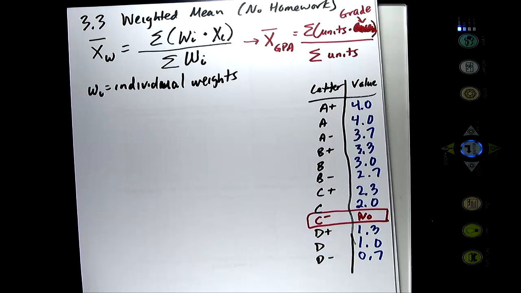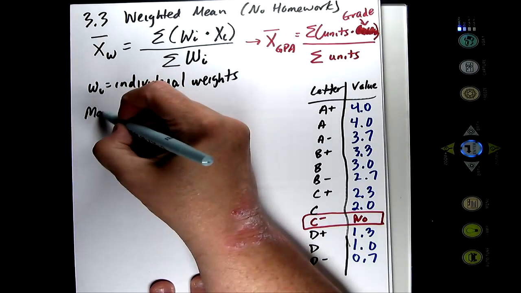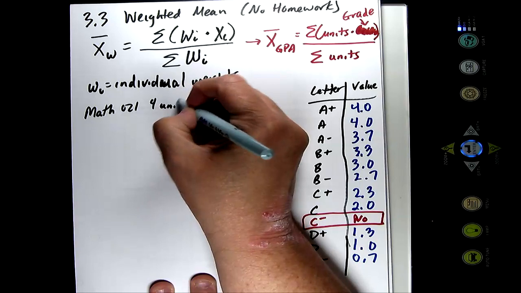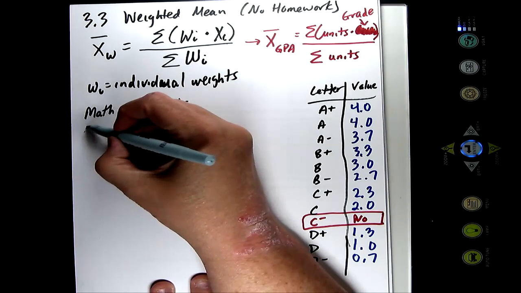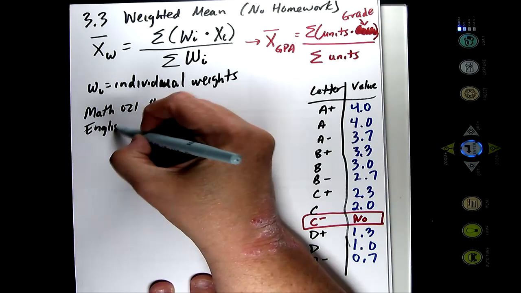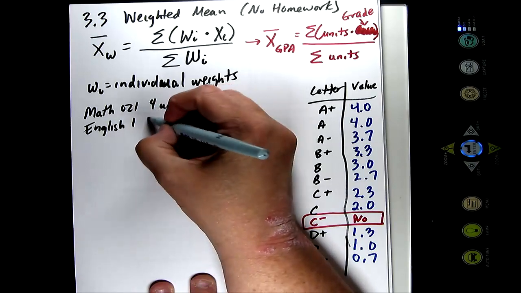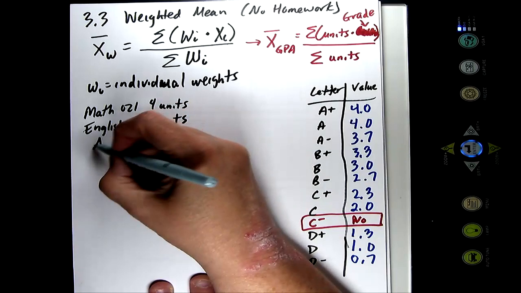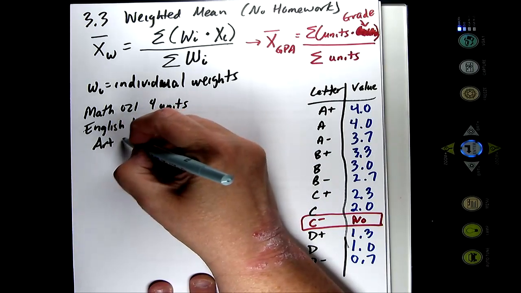So let's say you're taking Math 21. I know you're taking that. That's 4 units. Let's say you're taking English 1, because you're like, I'm gonna get rid of all the shitty courses all at once that I don't want to take. And then you're like, you know what? I'm an art major. I love Art 01.